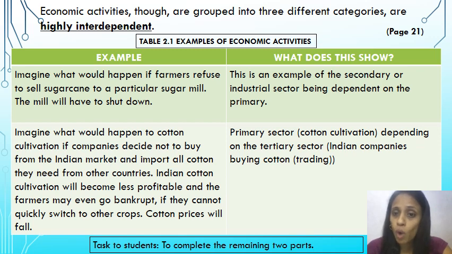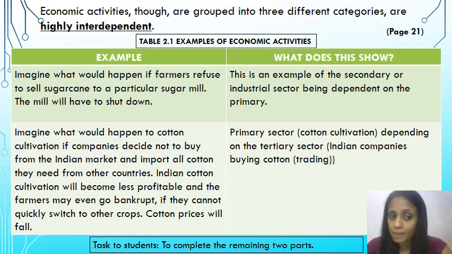So now what does this show? Who is depending on whom? So this is an example of secondary or the industrial sector being dependent on the primary. The farmers are in the primary sector, the sugar mill is in the secondary sector. So the sugar mill is dependent on the primary sector.